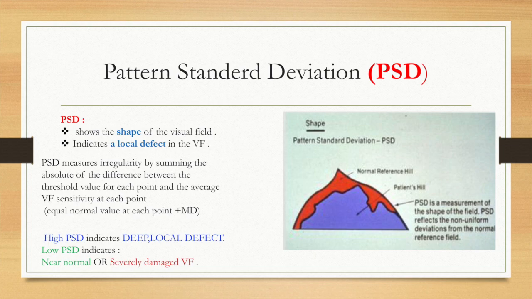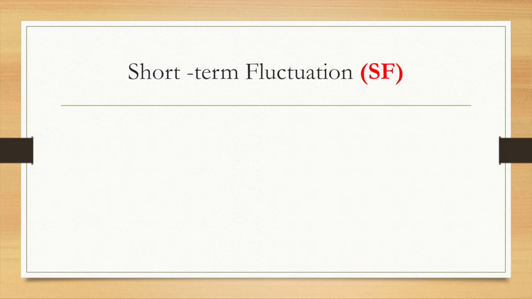If this number is high, it indicates a deep and local defect in the visual field. When this number is low, that indicates the visual field is either normal or severely damaged, and at that time we will shift to the mean deviation, and I will explain all this later in the systematic approach of the visual field.